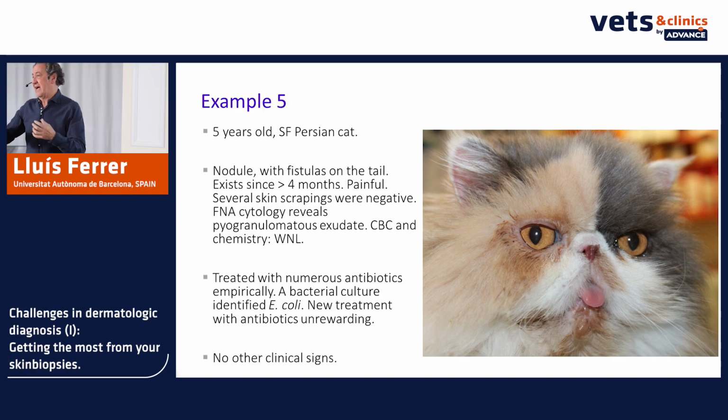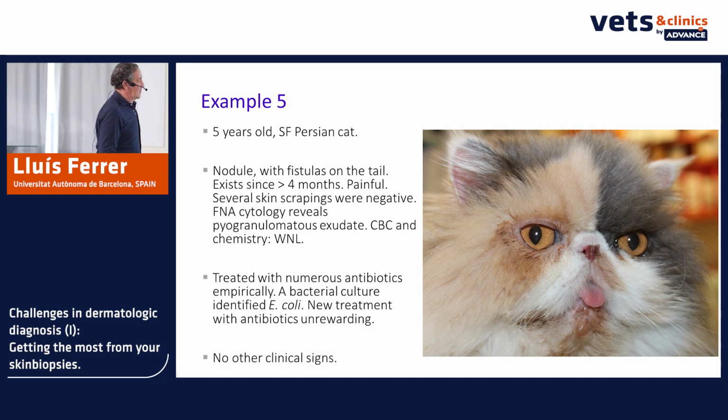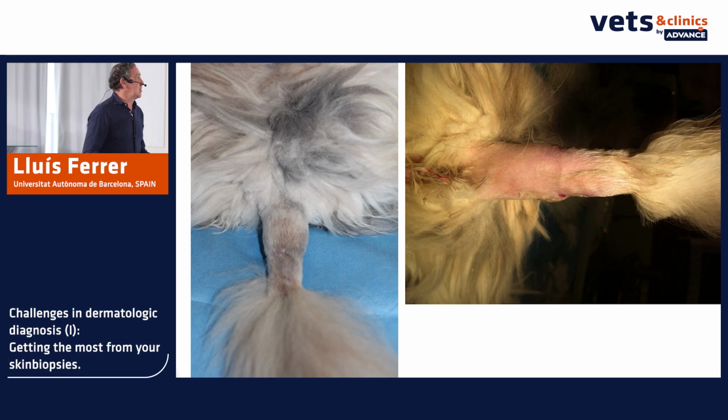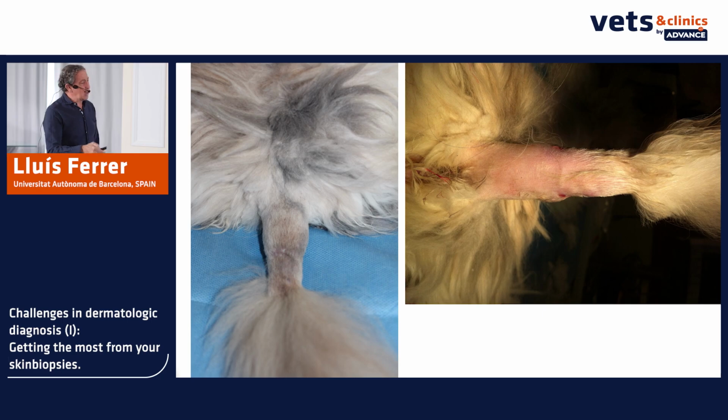The tail of the cat, imagine, easily contaminated with Escherichia coli and other enterobacteria. They tried anyway another treatment that was unrewarding, and the cat was sent to us for examination. So we clip the area, and you see that it was swelling, probably 2 or 3 subcutaneous or deep nodules, dermal subcutaneous nodules, causing the swelling on the tail.